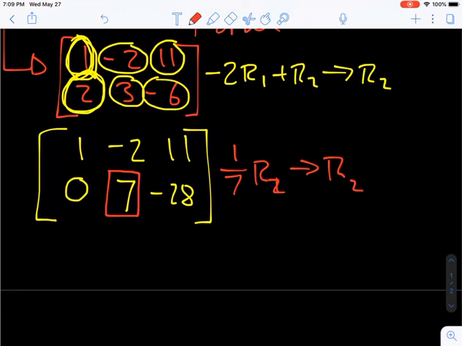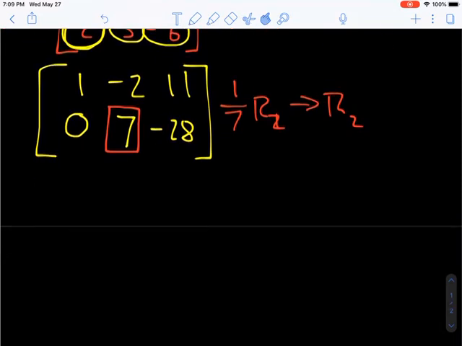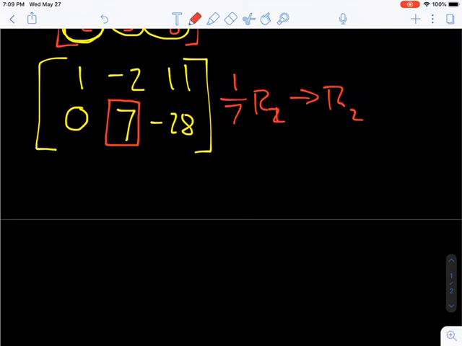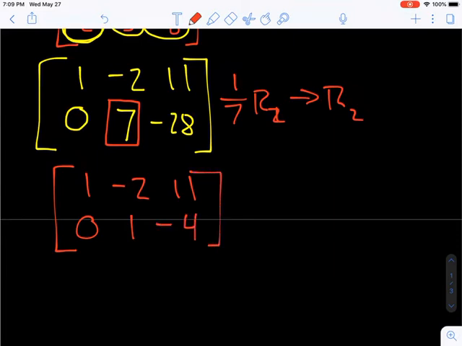And so what we have now is, again, the first row is not changing, but the second row is going to look like this. 1/7 times a negative 28 is a negative 4.